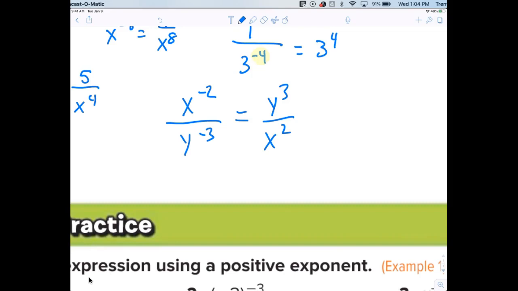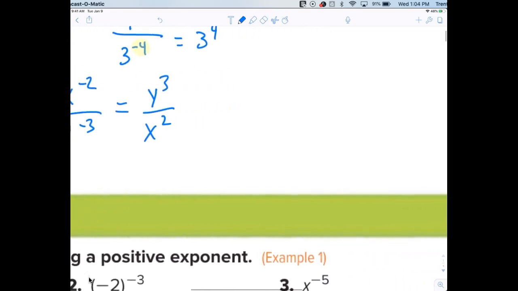Simple, simple. All right, so here we go. I'm going to see if someone else can help me do this one. 3x to the negative 4 over y to the 5th. Kiara, tell me. Which one has a negative exponent first? The x. So what do I have to do?